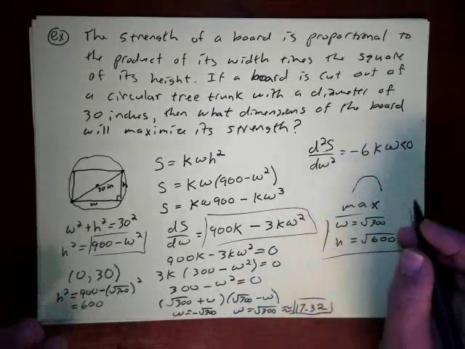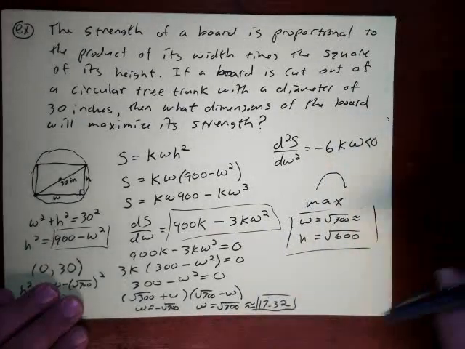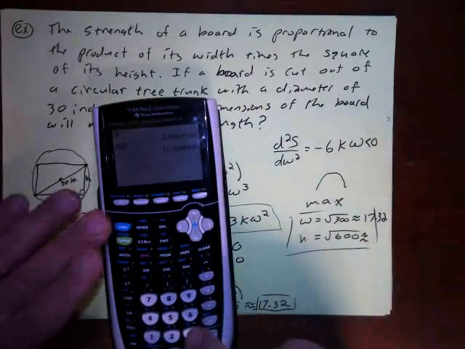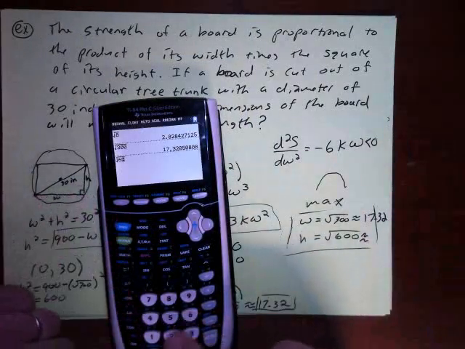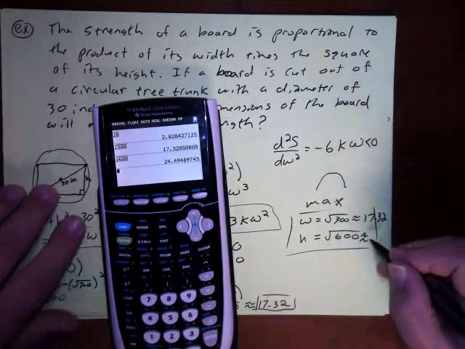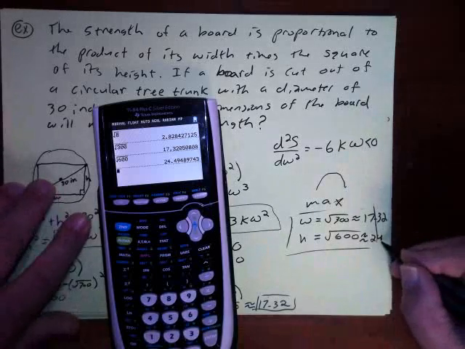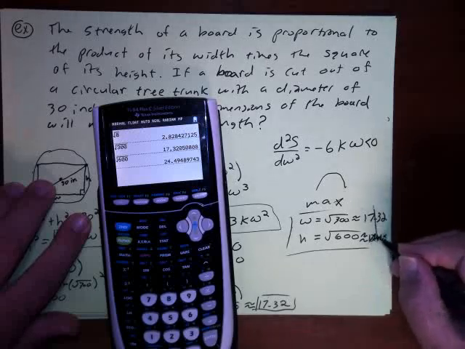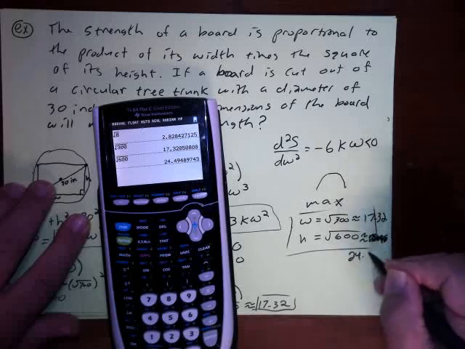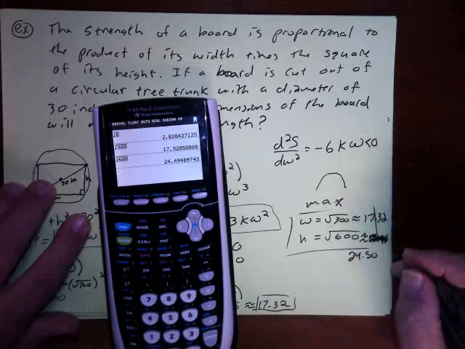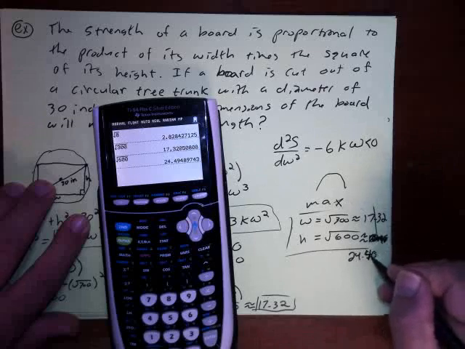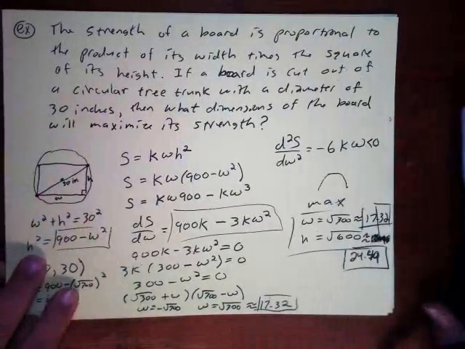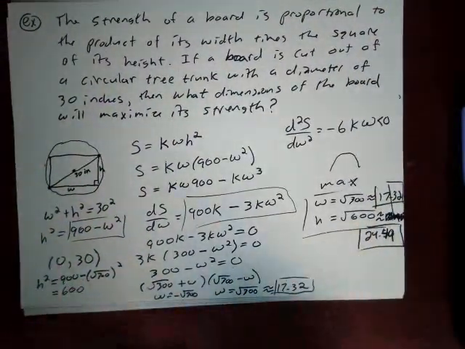These would be the dimensions then. So W is 17.32, and the square root of 600 would be 24.49 if I round to 2 decimal places. That would be the dimensions of the board that would maximize the strength.